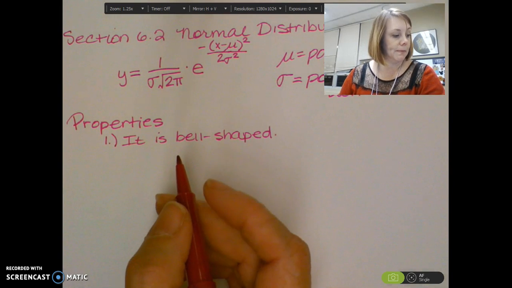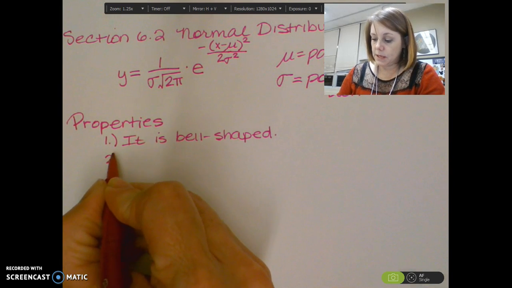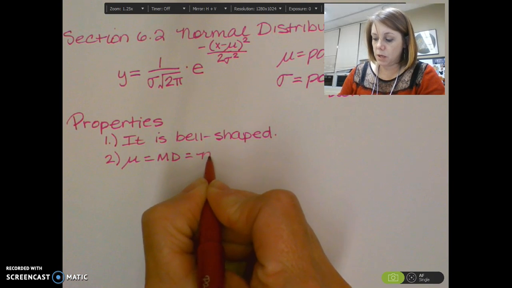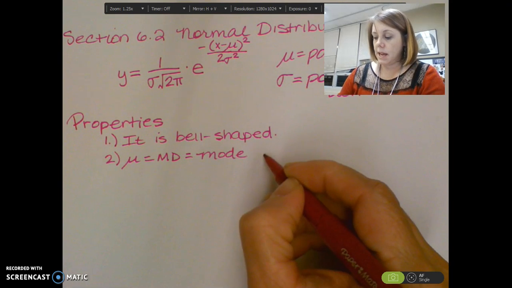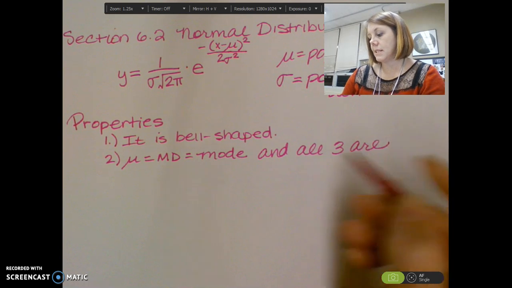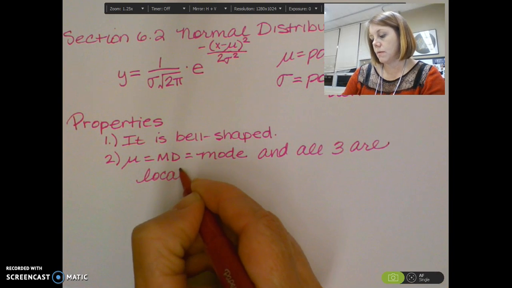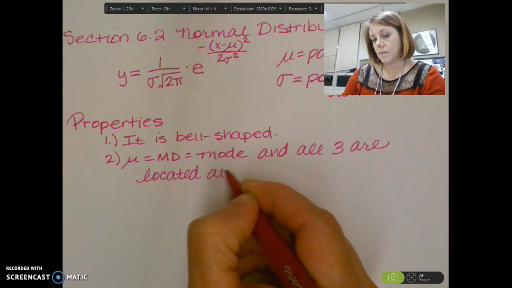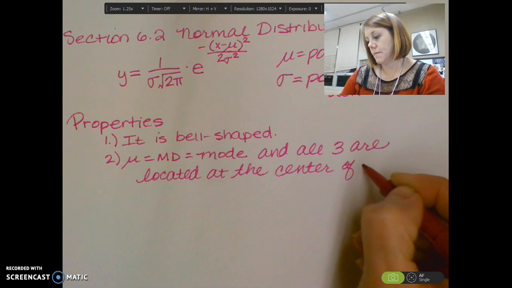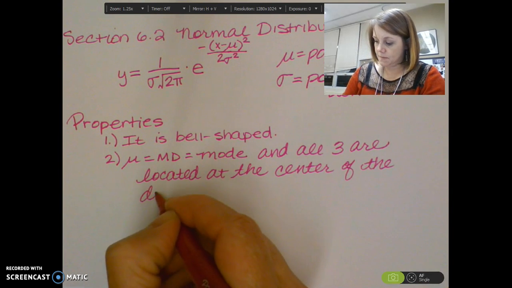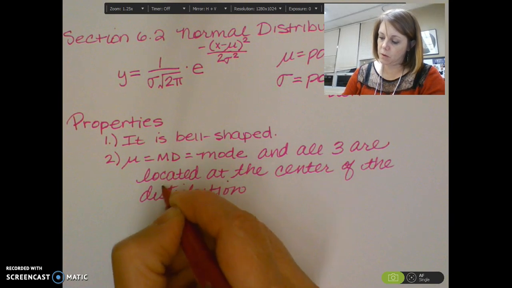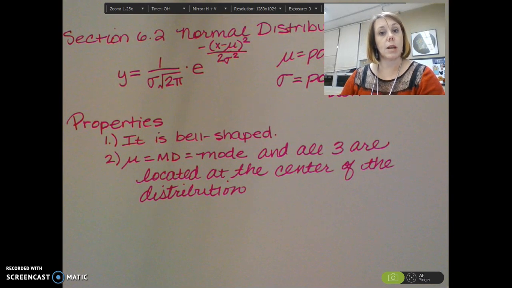Shouldn't be anything new. 2, the mean equals the median, which equals the mode, and all three are located at the center of the distribution. And that we've already talked about as well when we did distribution shapes, so that shouldn't be new.